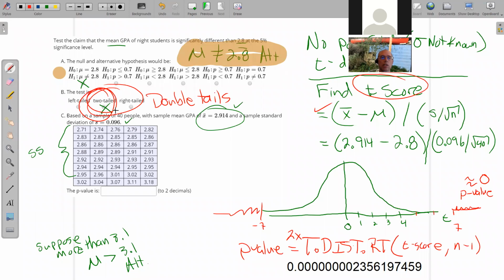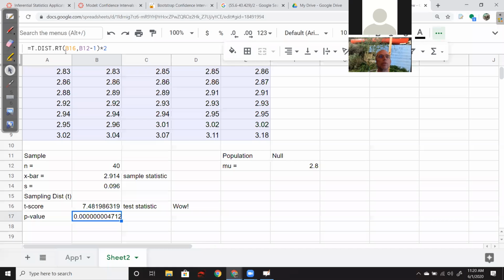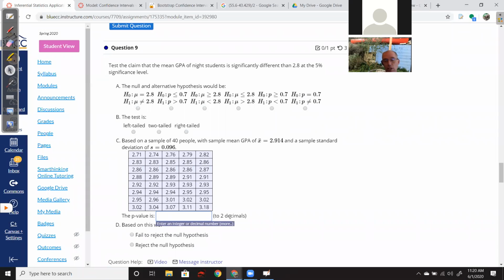What does that mean? All right, so this number has to be times 2, which is still about 0 to 3, 4, 5, 6, 7 decimal places. So back here, what's my p-value to 2 decimal places? 0.